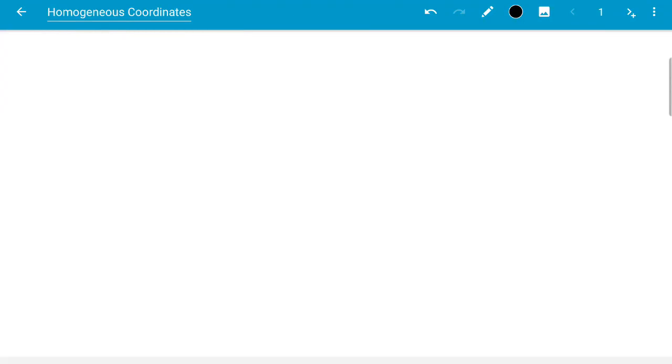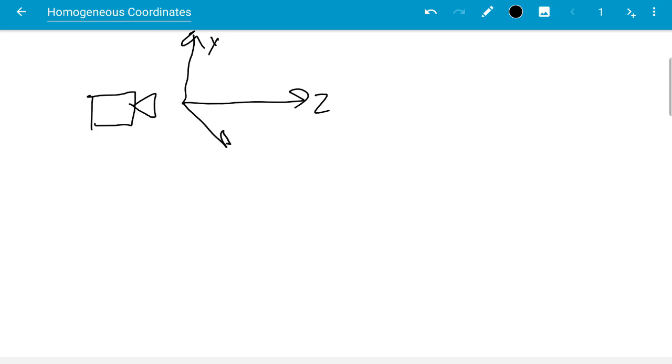So now let's talk about the perspective example. Pretend that we have a camera, and this camera is pointing down the z-axis. That means let's set up another 3D coordinate system, right? Something like this.